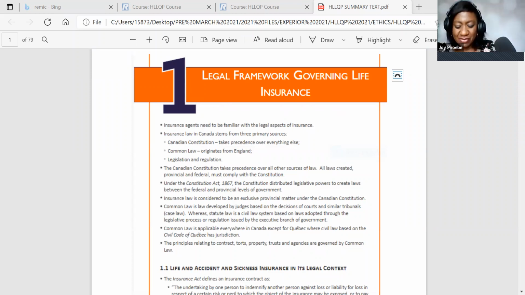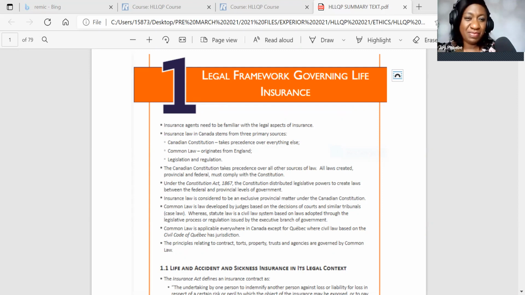All right, so life insurance covers the financial risk of death, and accident and sickness insurance covers health risks such as disability. Now, anytime you hear about disability, it has to do with income replacement.